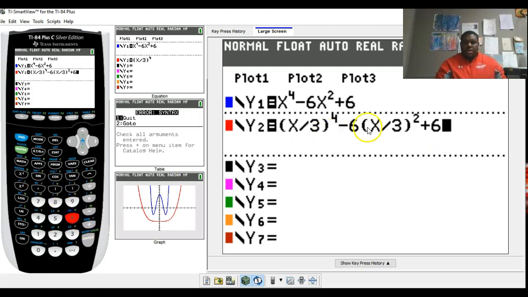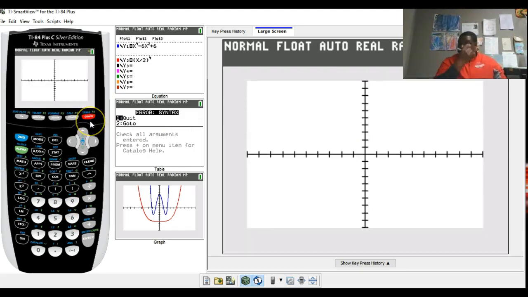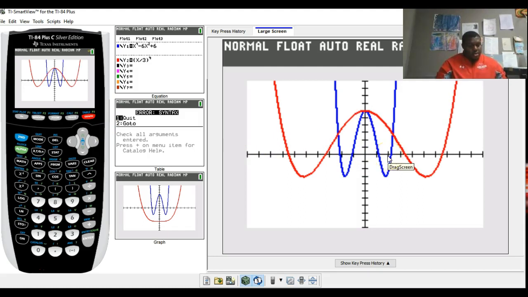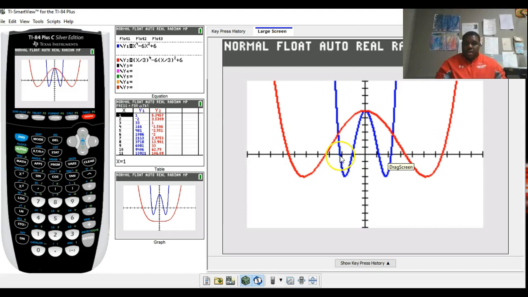This will be the horizontal compression, so we graph those. See how this is a horizontal stretch? You have to do the reciprocal. See how this widened out?